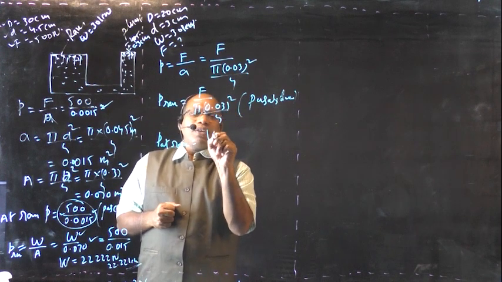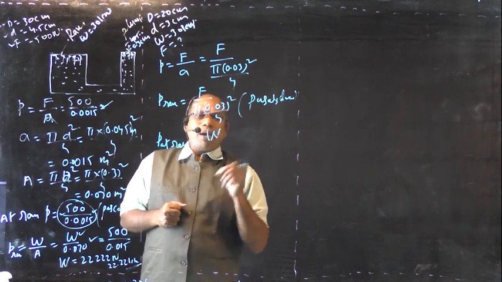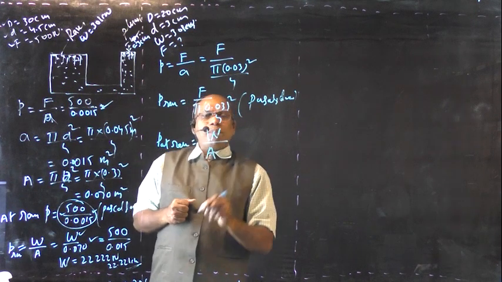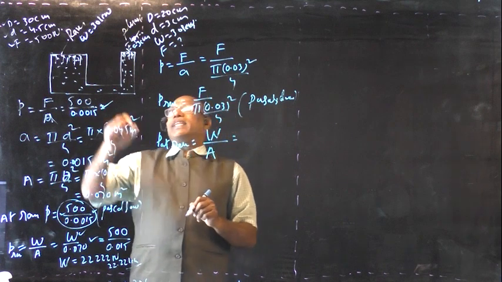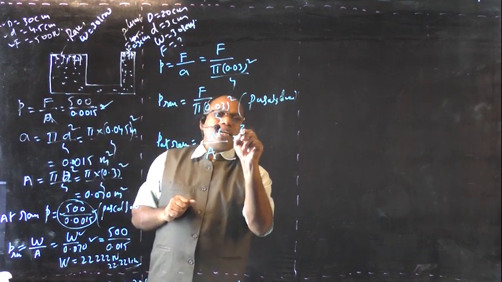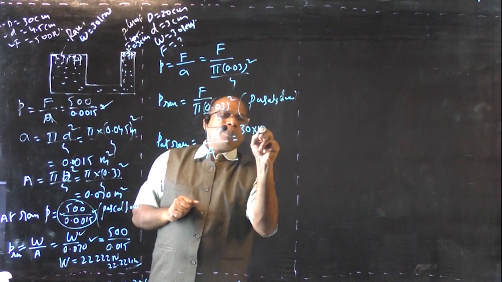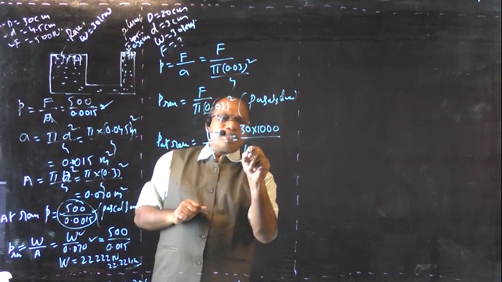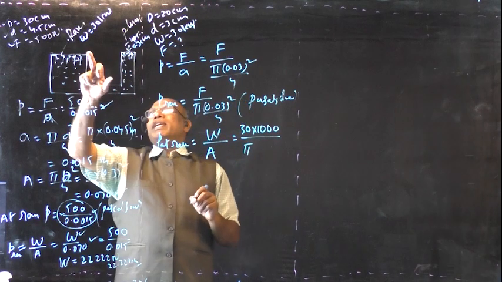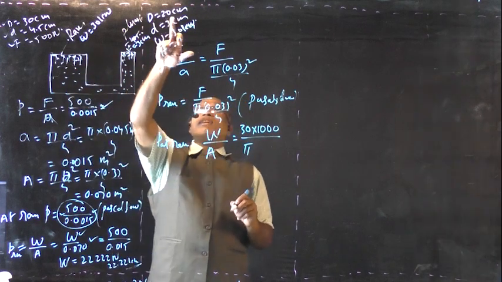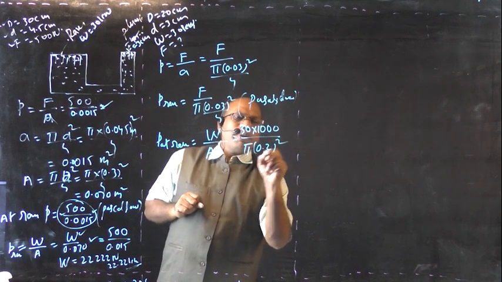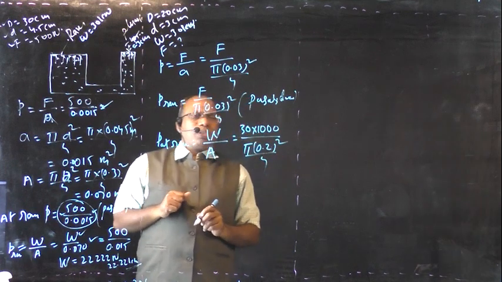Weight is denoted by W, divided by area. The weight is 30 kilonewtons, 30 into 1000 newtons, divided by area, pi into the diameter of the ram, which is 20 centimeters, that is 0.2 meters, square, divided by 4.